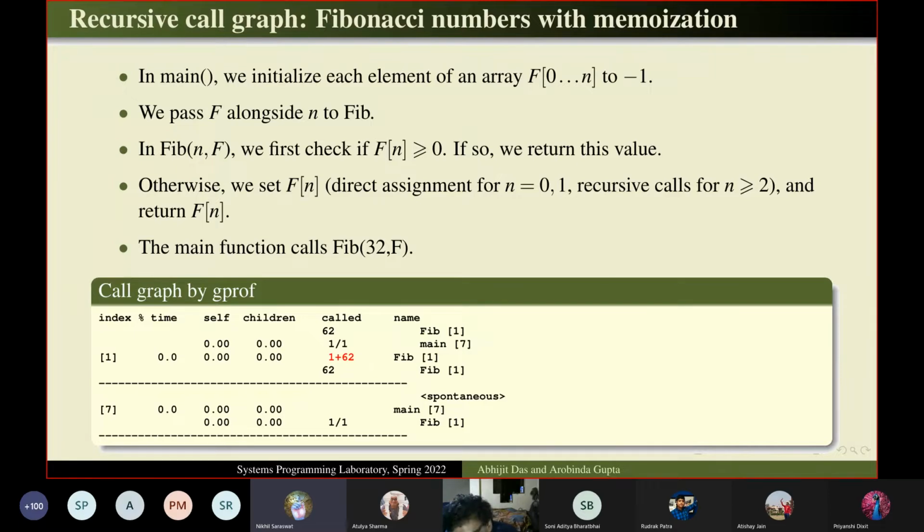In fact, you can write these two codes and make a timing profile. You will see that the earlier implementation was very, very slow. This is now quite good. You do not actually require the profiler to understand this. You just run it, you will figure it out yourself.